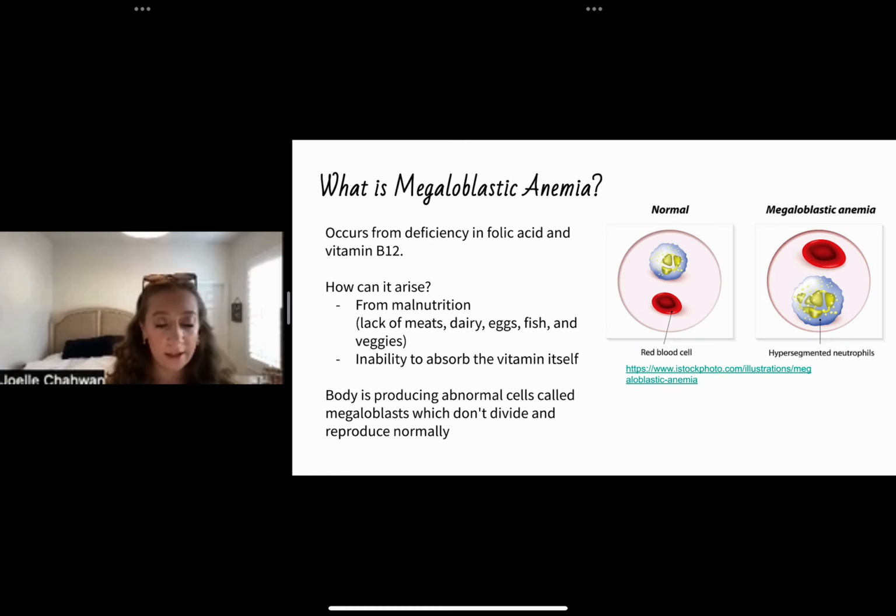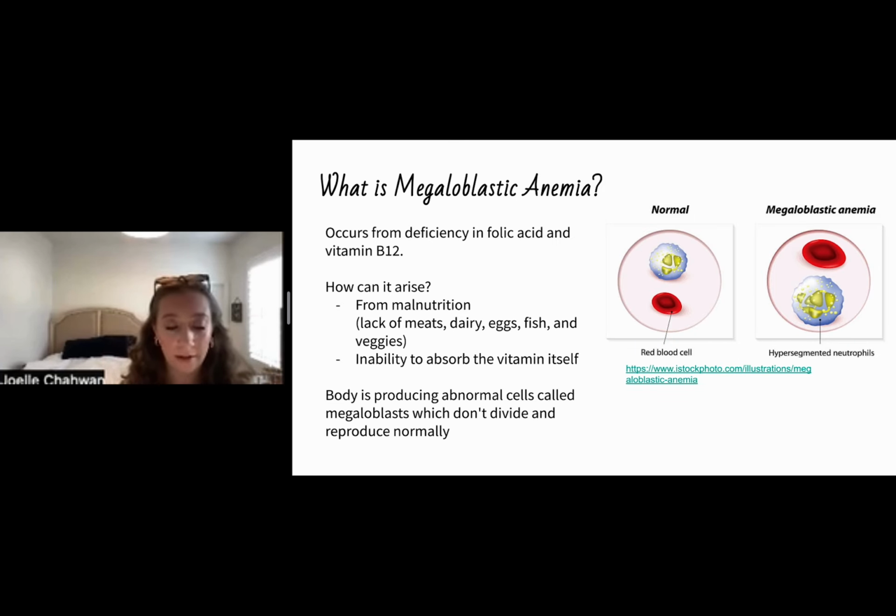So what is megaloblastic anemia? Well, it's been determined that she has this because it correlates to low iron deficiency and from the lack of oxygen being carried from the blood, and this is why she has those low hematocrit levels. But let's first talk about what it is.